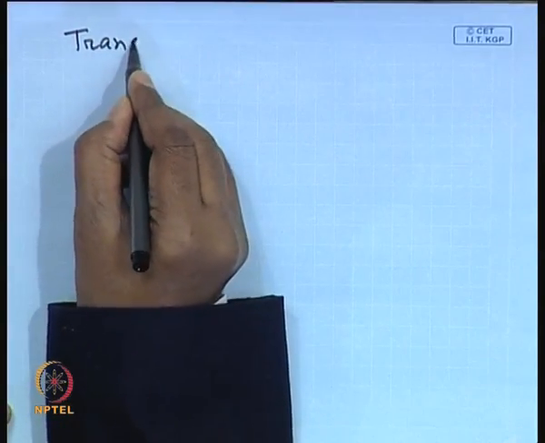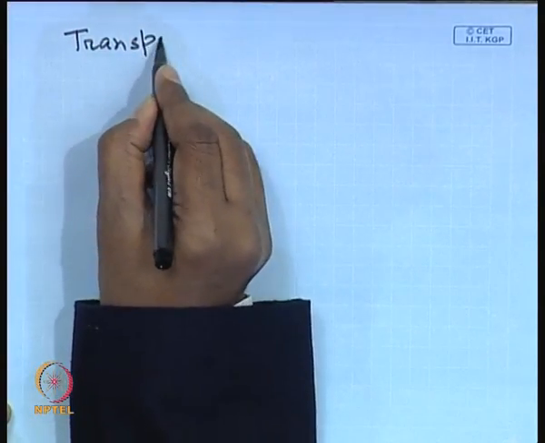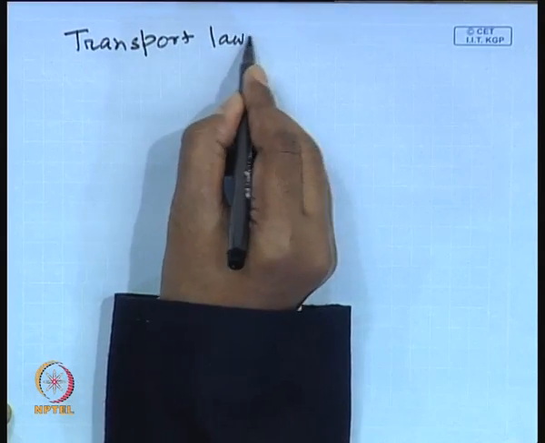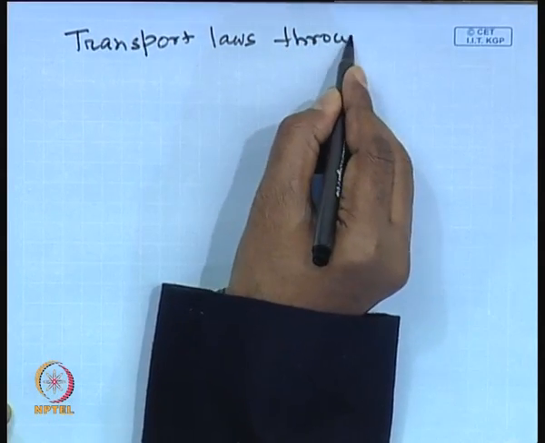Non-porous membrane means they are talking about reverse osmosis membranes or gas permeation membranes. Okay. Now, osmotic pressure becomes very important as far as the transport in reverse osmosis is concerned. Now, we will look into the transport rates or transport laws through a reverse osmosis membrane.